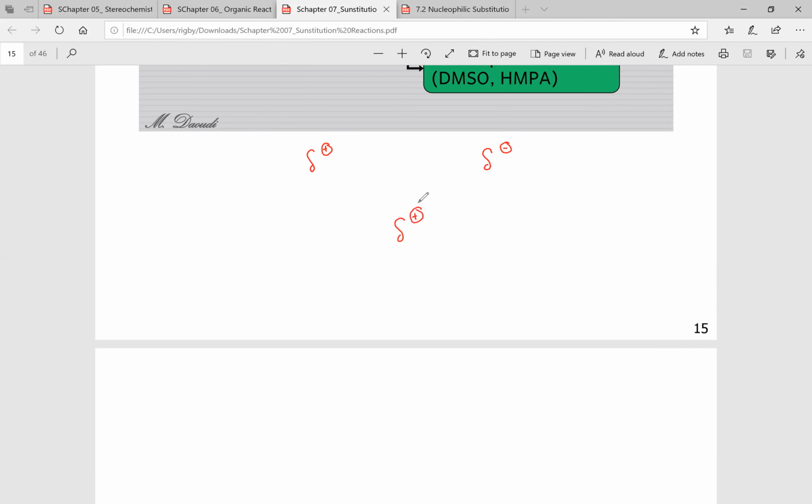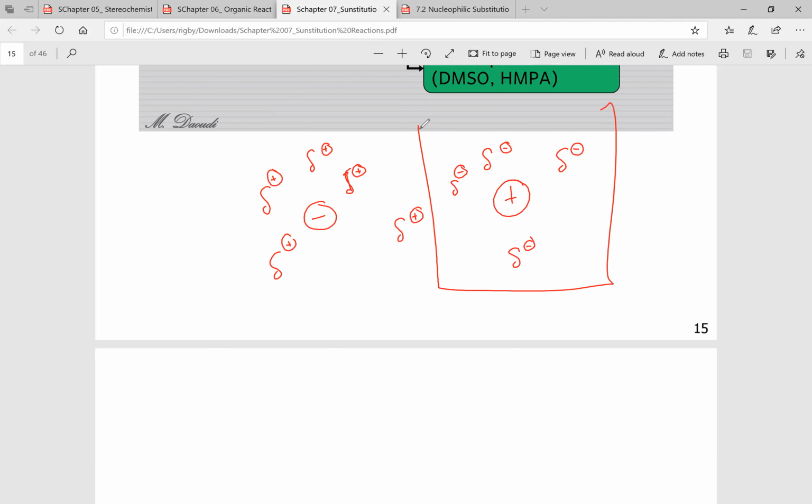And so what happens in a reaction is that in a protic solvent, all of the partially positive charges are going to work to surround any negative charge. On the other hand, any negative or partially negative charges are going to work to surround any positive charge. In this way, both of these charges are completely separate, okay?